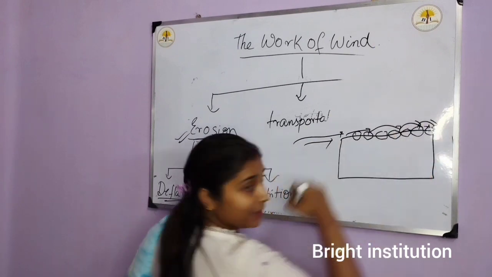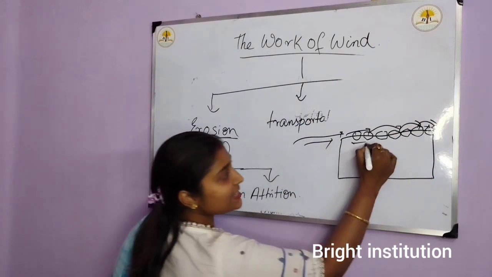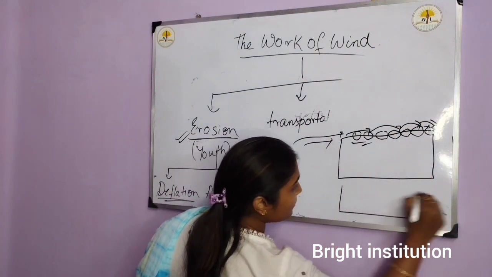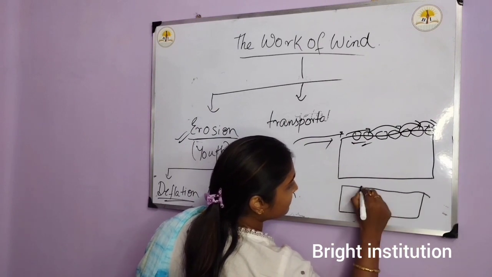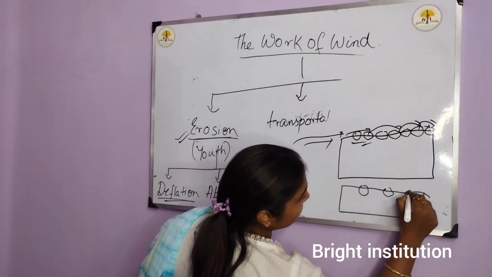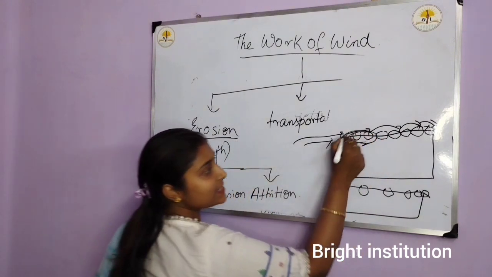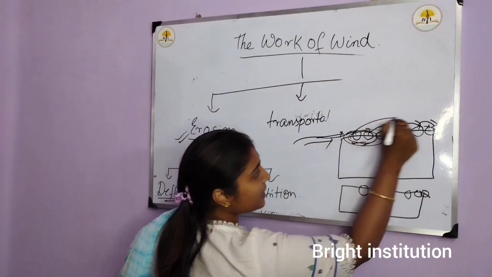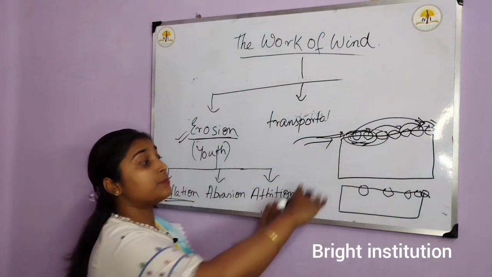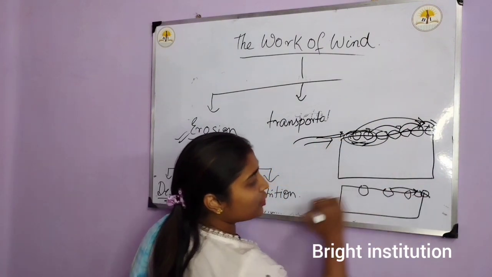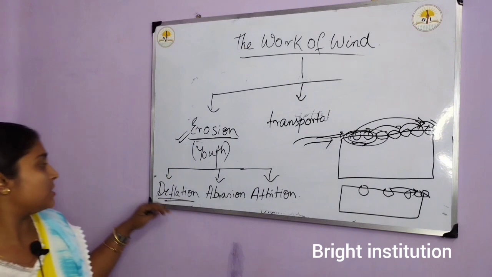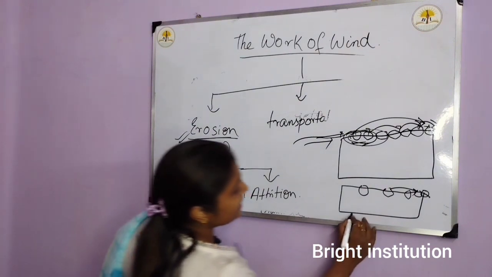So if they are blown away or removed from these areas, the landform will be like this. That means from these areas the wind will shift these particles to another area. They are blown away to this part. So this process is known as deflation.